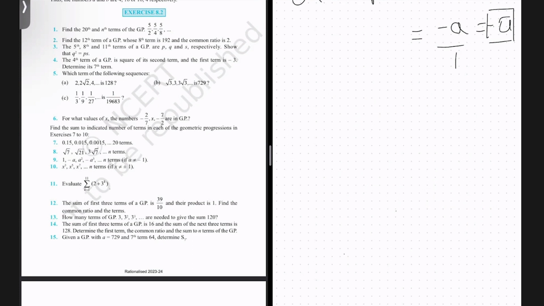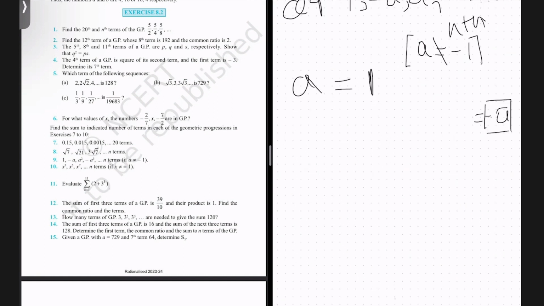Moving on to the 10th question of this exercise.